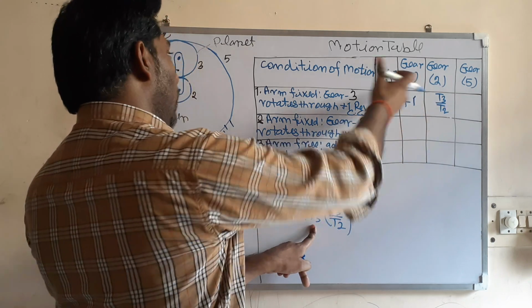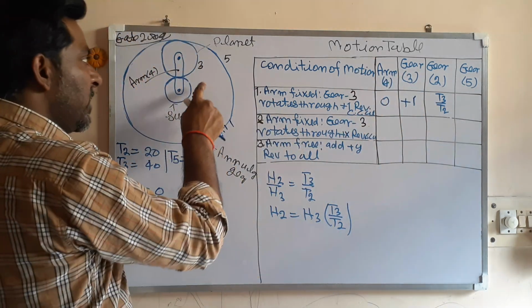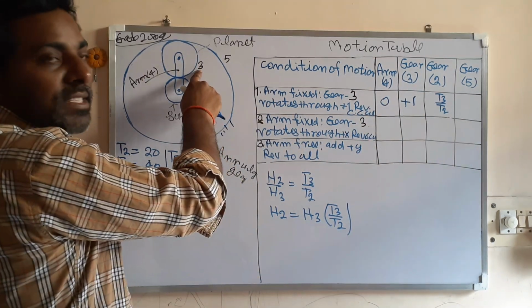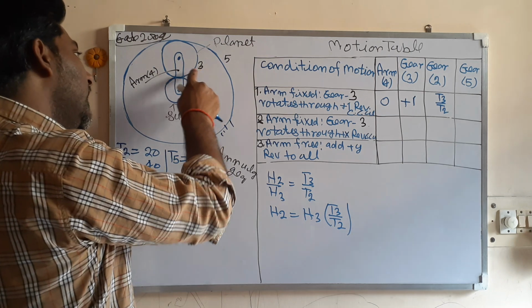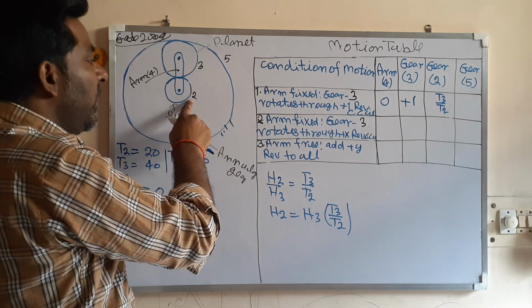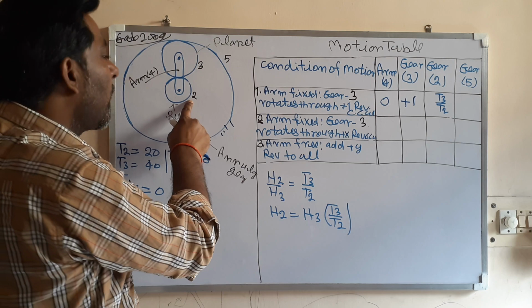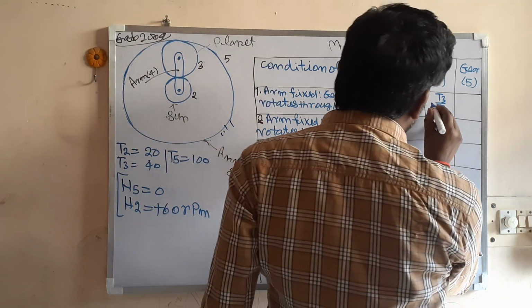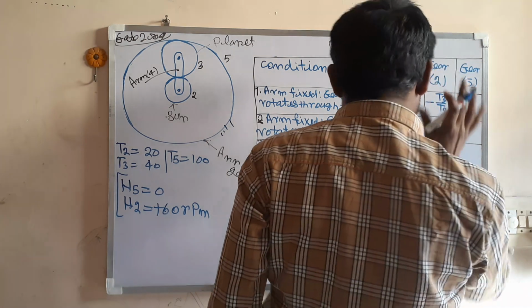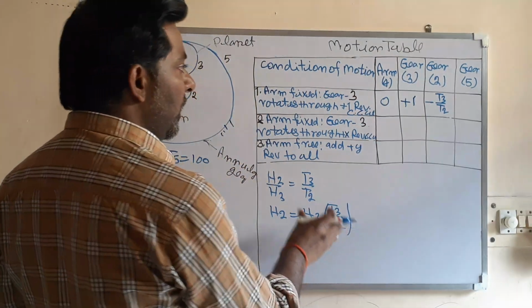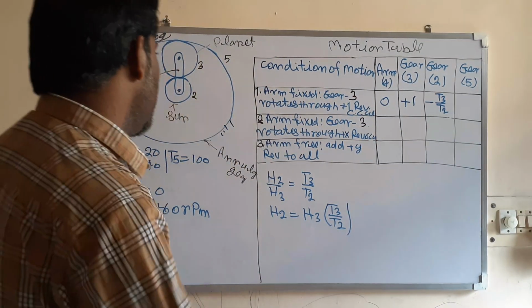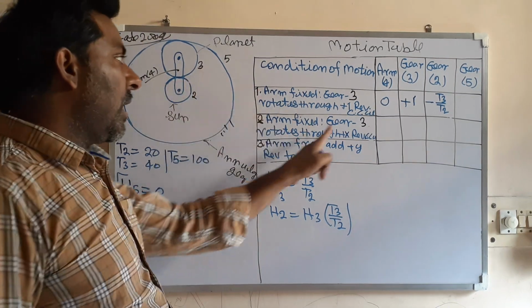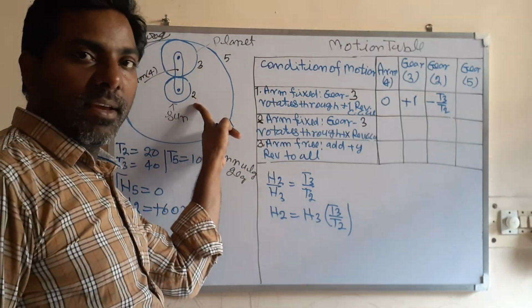This is the magnitude. Let us see the sign. If the speed of gear 3 is plus 1, that is counterclockwise, and they are meshing externally with gear 2, then the speed of gear 2 will be clockwise, and clockwise speed is taken as negative. So you have to put a negative sign here. First calculate the magnitude, then check the sign.